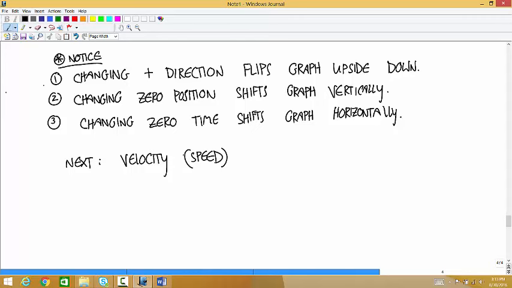Velocity is. I'm going to do it in 2 steps. I'm going to first talk about average velocity, and then use the idea of average velocity to talk about instantaneous velocity.